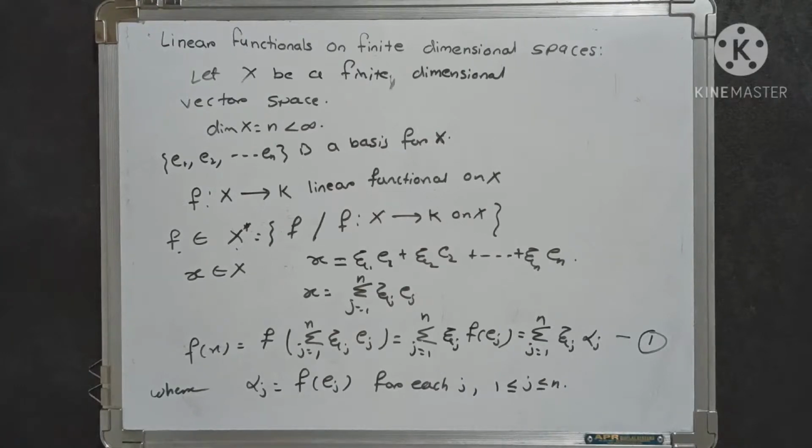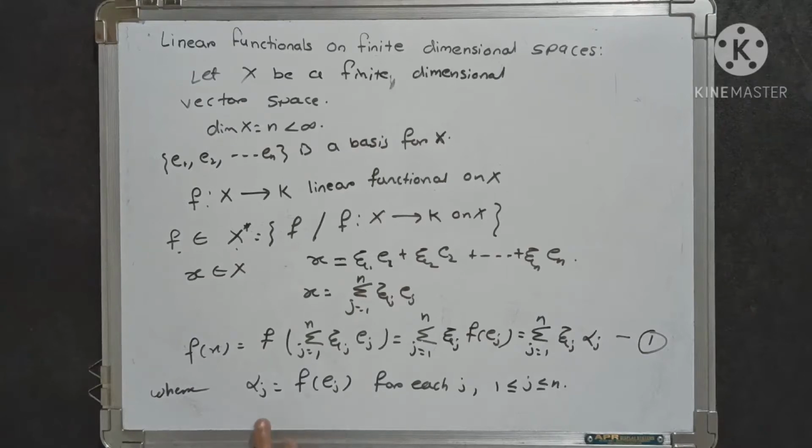From this we say that f is uniquely determined by its values alpha j, because f of x is written in terms of alpha j, and xi j are the coefficients of the basis vectors e1, e2 and so on. Therefore f is uniquely determined by its values alpha j at the n basis vectors of capital X.